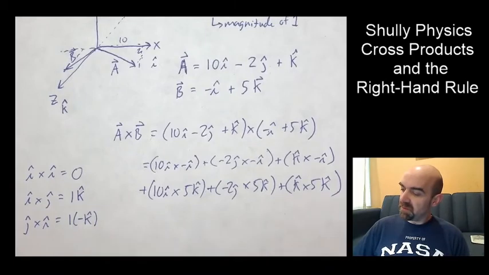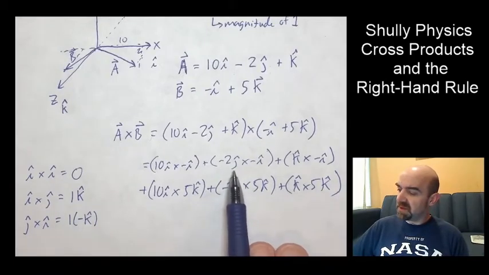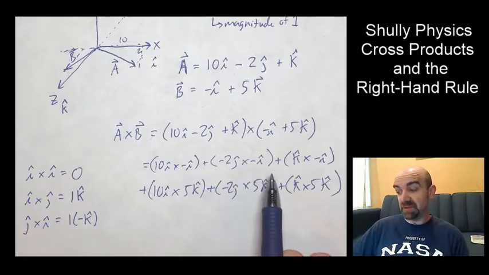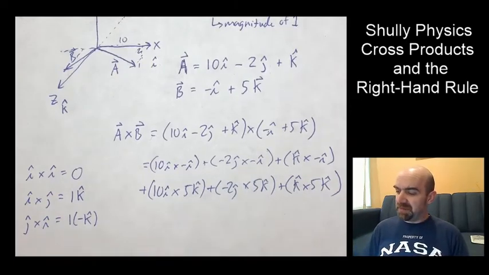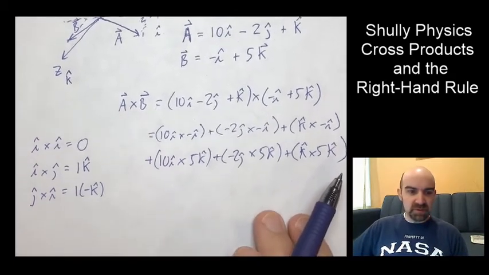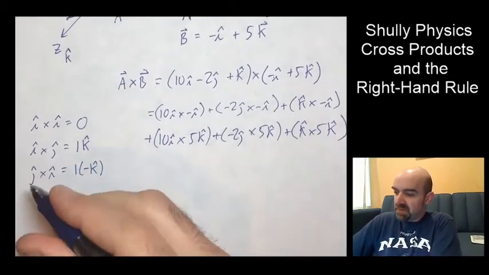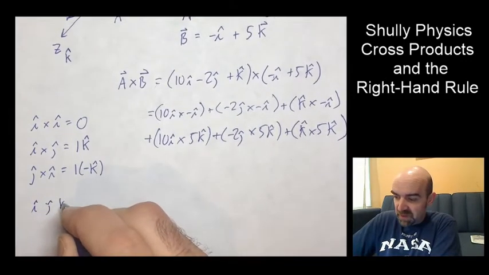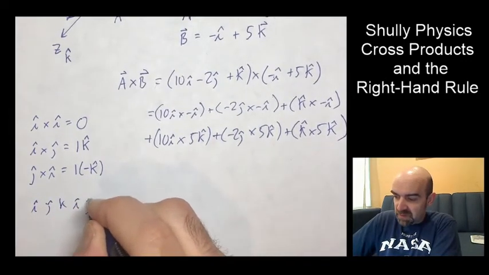So how do I go to a j cross i? Whoa, what's up with that? Or what about a k cross i? Well, there's a little trick I like to use here. Just write out i, j, k, i, j, k.